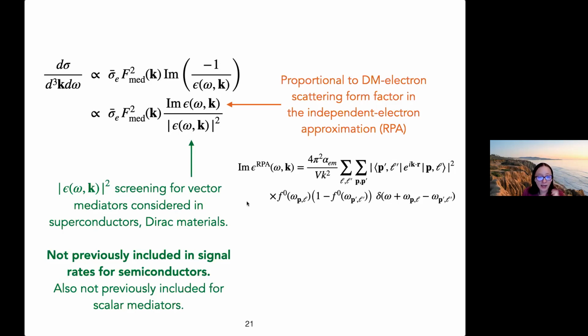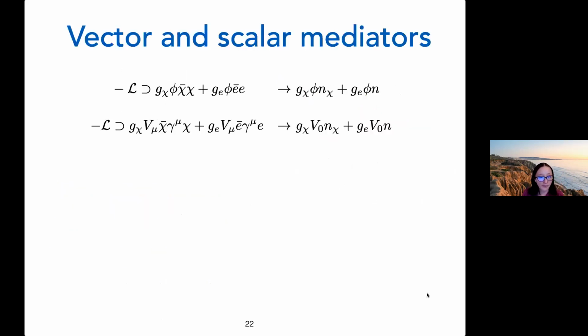As I mentioned, although this was known to matter, it was not previously included in the signal rates for the semiconductor experiments, and it also wasn't included for all mediators, for instance, scalar mediators. To make that more explicit, the formula I just showed does apply for both vector and scalar mediators. The reason is that in the non-relativistic limit, the leading interactions are quite similar.